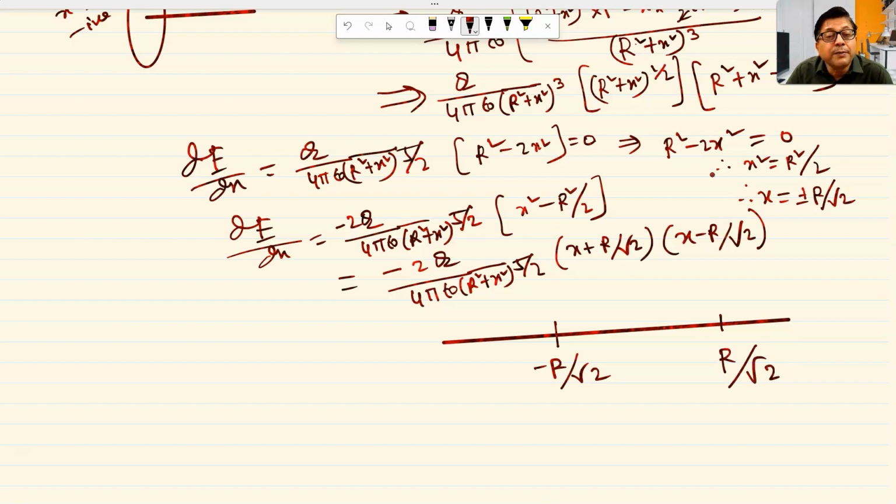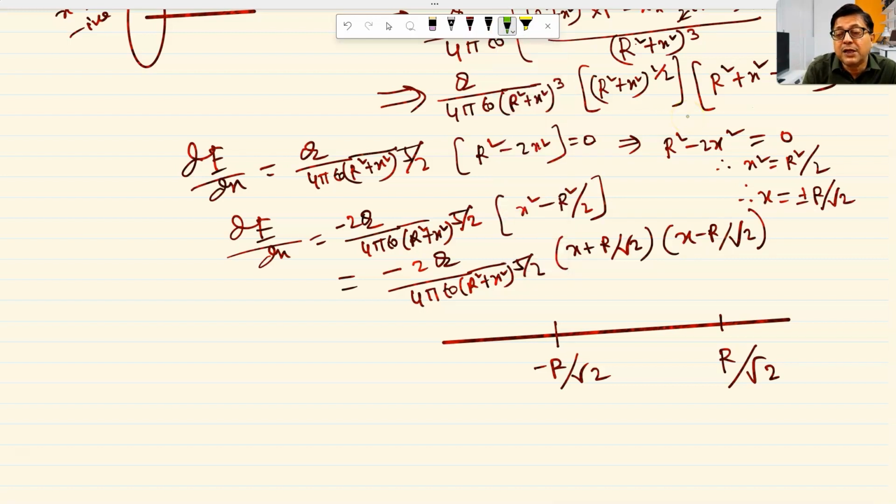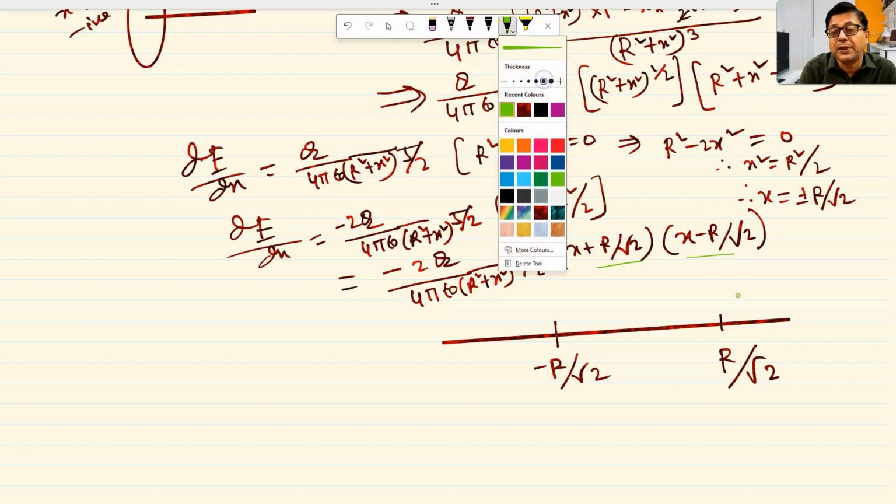See, sign of dE by dx changing, negative sign before. So dE by dx on right side of r by root 2, if you take any value larger than r by root 2, this expression is becoming negative. Am I correct? You take any value larger than r by root 2, then this is positive, this portion negative. So this is going to be negative over there.